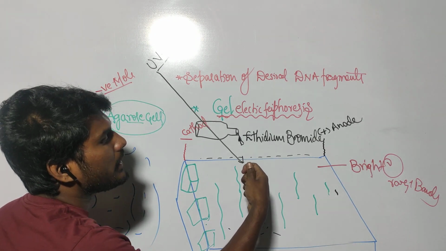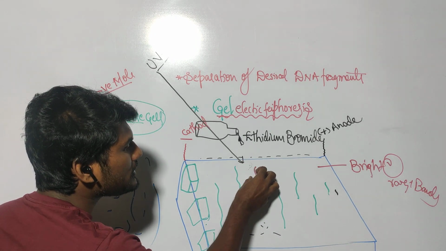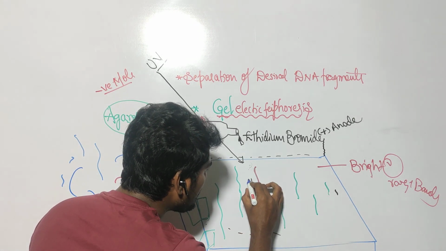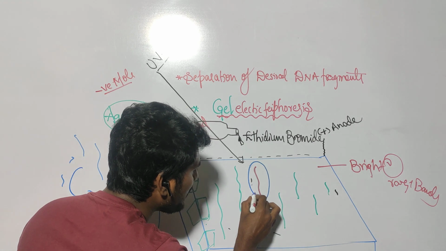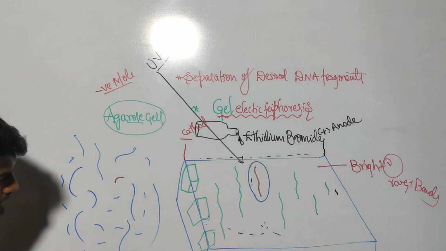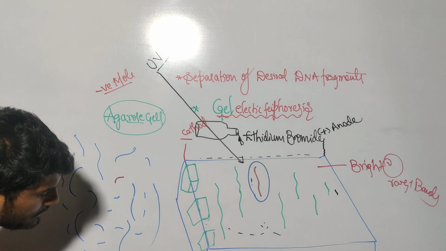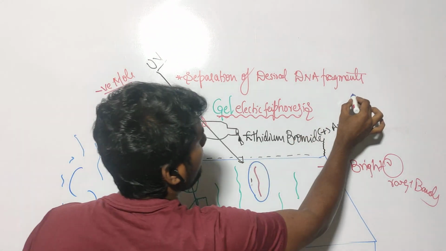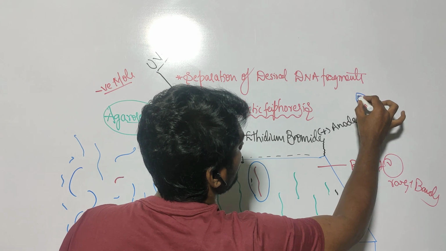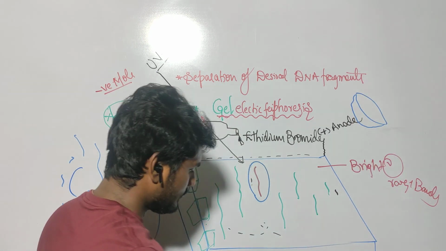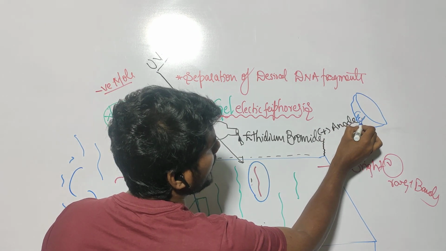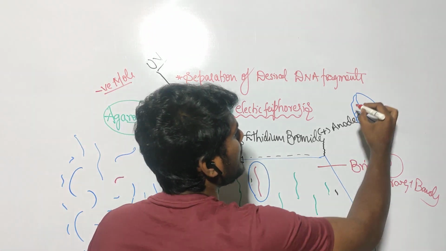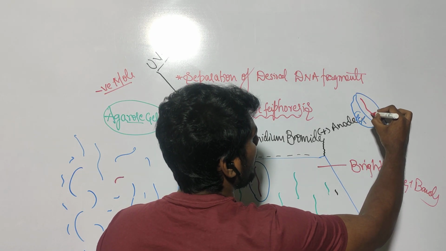So we have taken out the desired DNA fragment. This is what we took out. This is what? A gel which came along with the DNA, and in this gel only we have the desired DNA fragment.